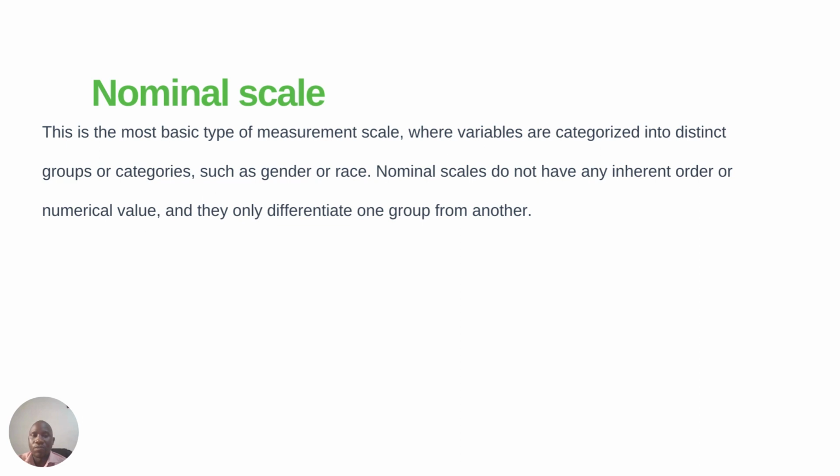For example, you ask about someone's gender, and they say female, male, or transgender. Being transgender doesn't mean anything in terms of numerical value. You cannot assign a numerical value of, let us say, 5 because they are female, or 4 because they are male. It does not have any numerical value, and that is what we call the nominal scale.